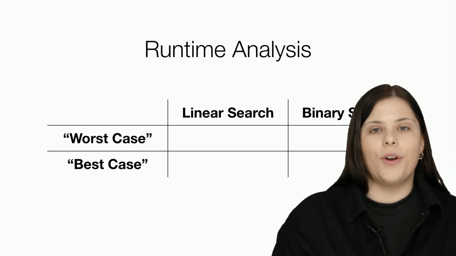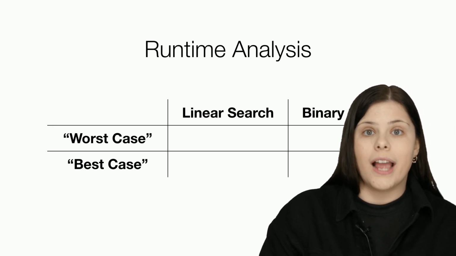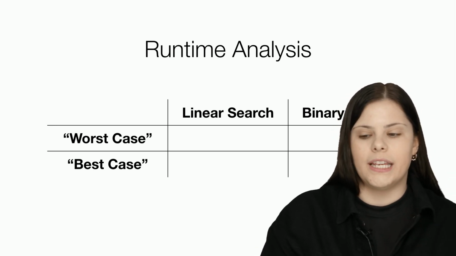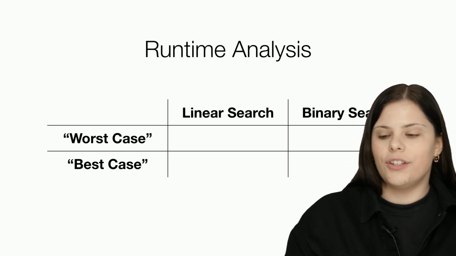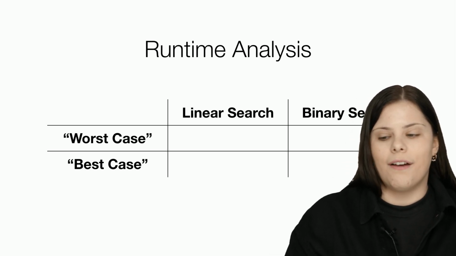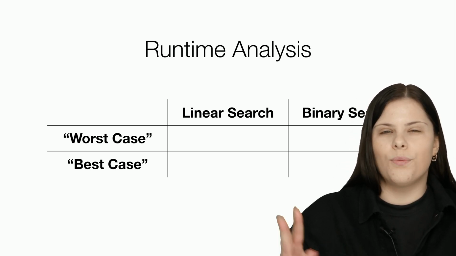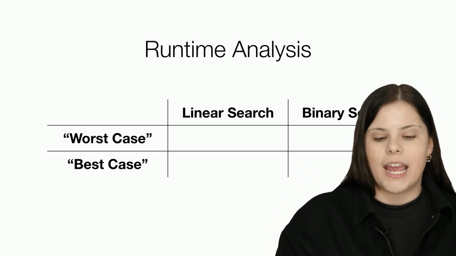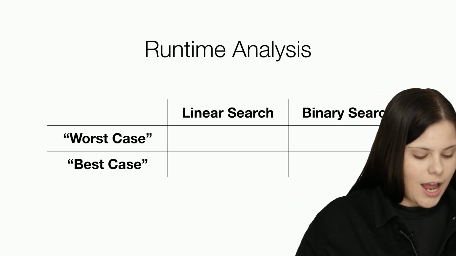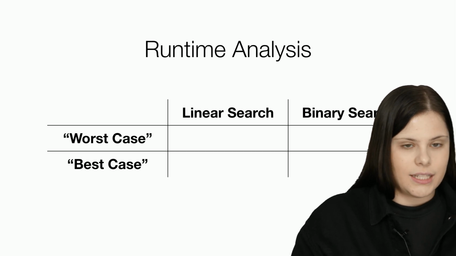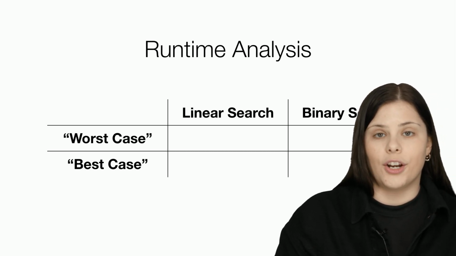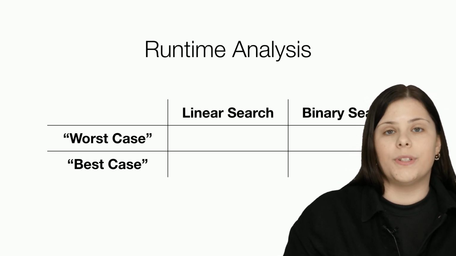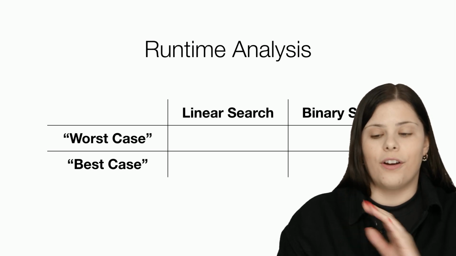Now let's talk about how much time it takes us to complete each of these algorithms. Let's consider a table where we have linear search and binary search, as well as the worst case and the best case scenarios. In the worst case, how many steps would it take us to find our book? Say Journey was at the very end of our list.